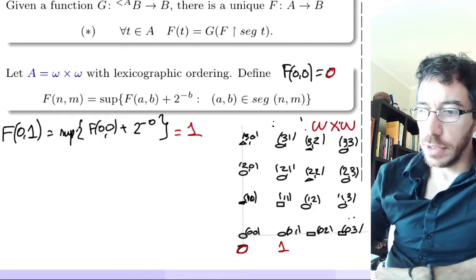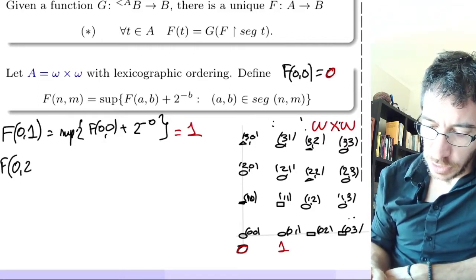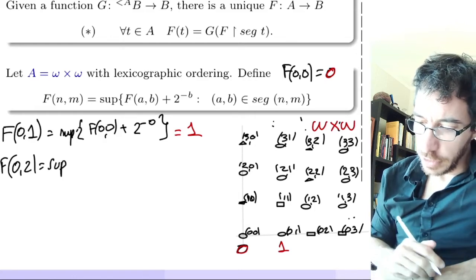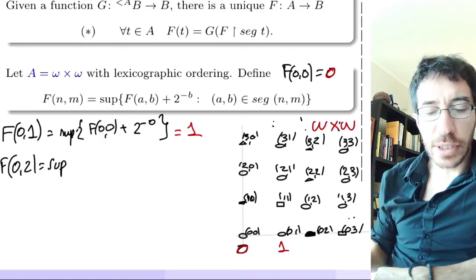Right? Now, what is the next one? So f of (0,2) is the supremum of the things below (0,2) right there.